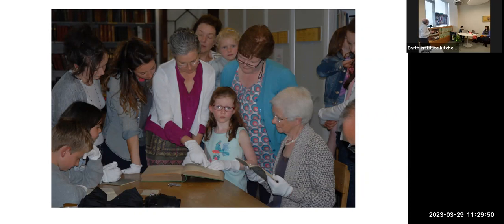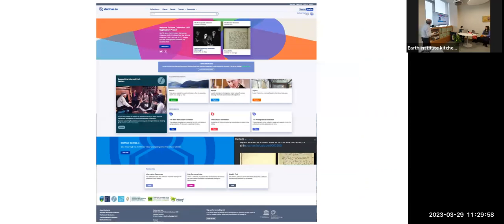We have about 18,000 of the original copybooks. They didn't all survive, and that is a huge task. We've only digitized a portion of them, and we're hosting it on our digital platform, Dúchas.ie. This is where all of the various collections from the National Folklore Collection are being hosted.